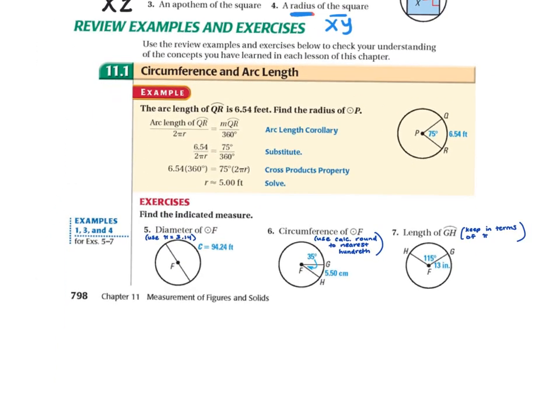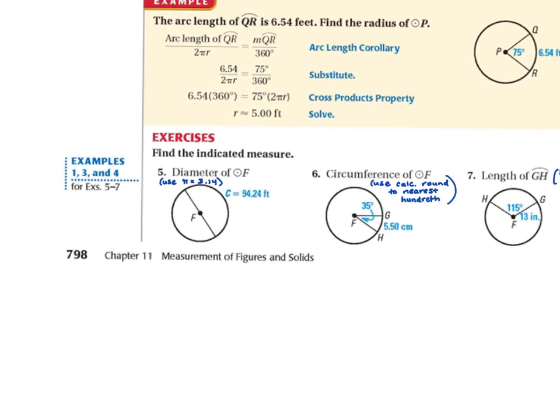The next question is asking you to find the diameter of the circle. So they're giving us the circumference. Recall that the formula for circumference, since they're asking for the diameter, we're going to use pi d. It's asking us to use 3.14 for pi.